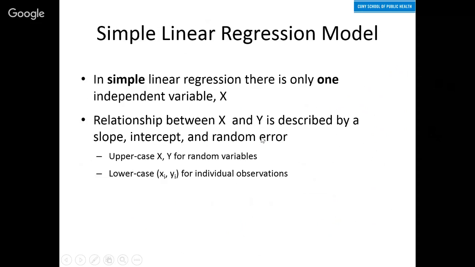And I'll write out this formula in a little bit. Using the terminology uppercase X and Y for random variables and lowercase x and y with subscripts for individual observations of that random variable. So capital X might be the weight of individuals in New York City. It's a random variable. x sub i would be individual weights of study participants who we put on a scale and weigh.